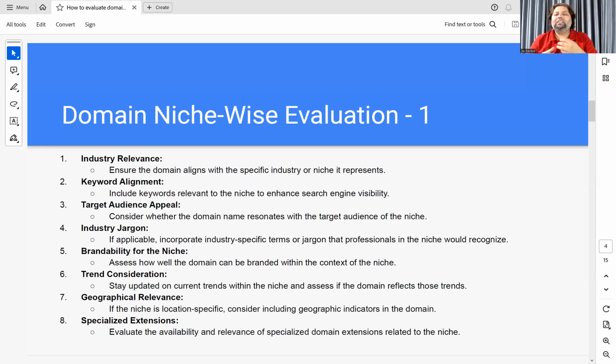So the chances of selling are higher for .ca, not .com, because the price is so low.